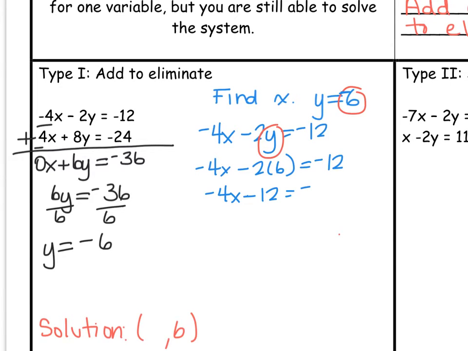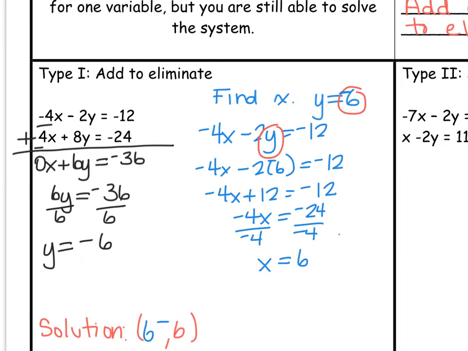Sorry, that's a -6, and that's a -6. That gives me a +12. And then I get -4x equals -24 by subtracting 12. Divide by -4, divide by -4, and I get x equals 6.